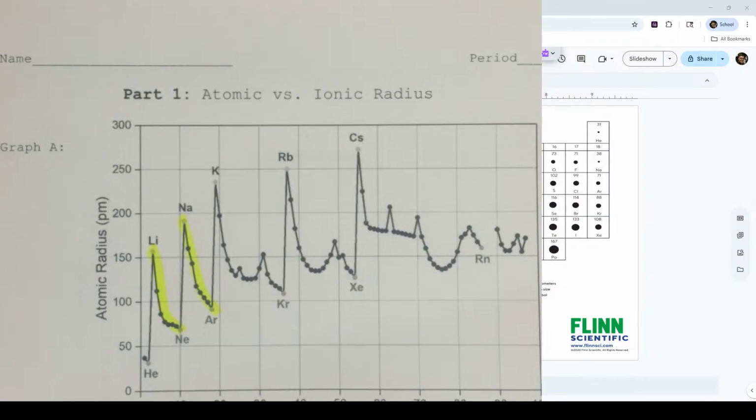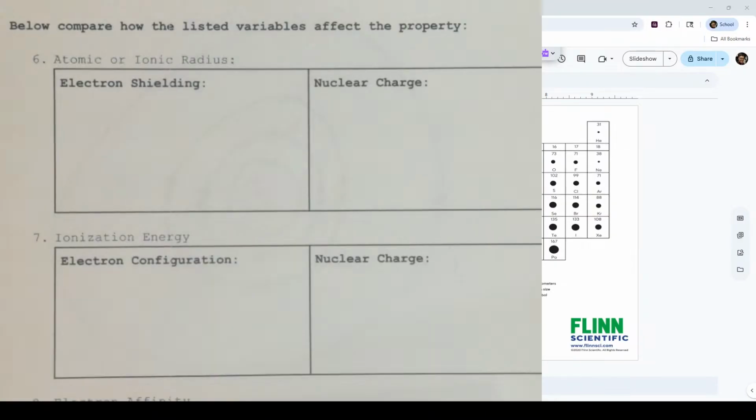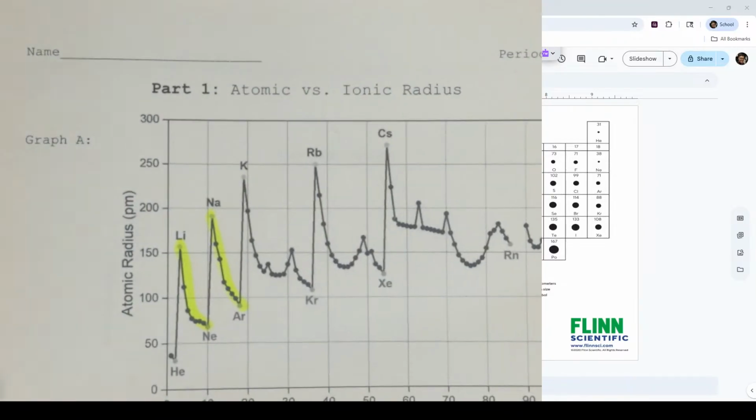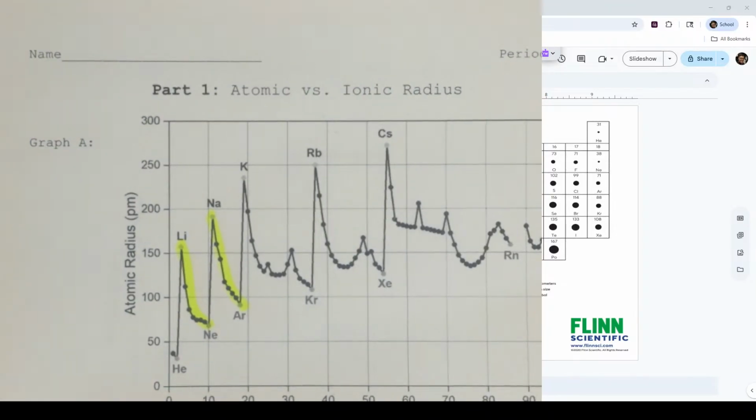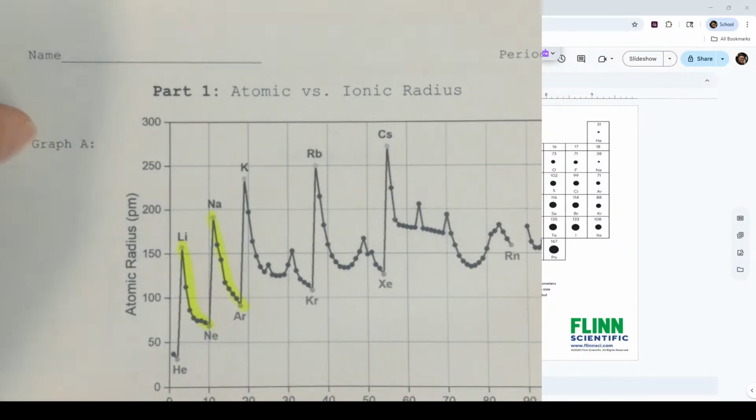That's why the radius is jumping back up once I add another shell, but decreasing as I continue in the same shell, because I'm adding more protons, and that nuclear charge is increasing. So this is stuff we've already talked about. You're going to keep seeing the same ideas again and again. Nuclear charge gets bigger, makes atoms smaller, pulls in electrons. Electron shielding allows the nuclear charge to decrease effectively on the outside, and so on. You're going to see all these kinds of things. So let's look at ionic radius.